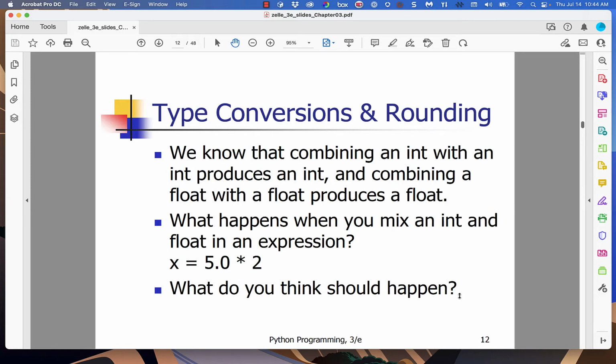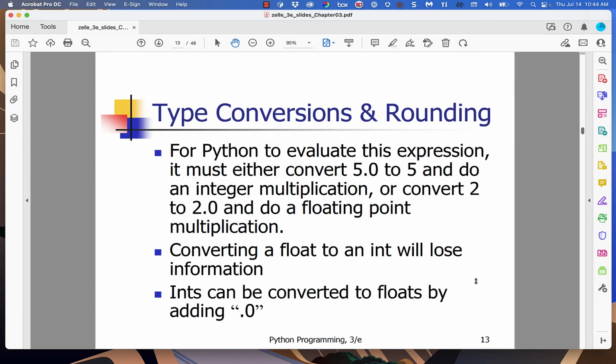What do you think should happen? You get a float. That's what happens. For Python to evaluate this expression, it must either convert the float to an int or the int to a float. Converting a float to an int would lose information. So it converts the int to a float.